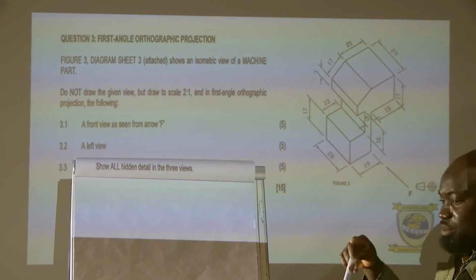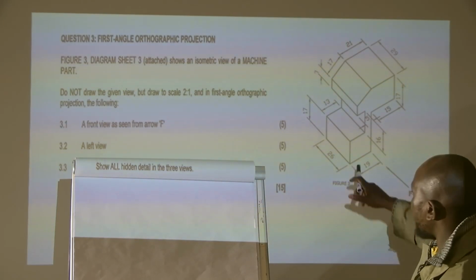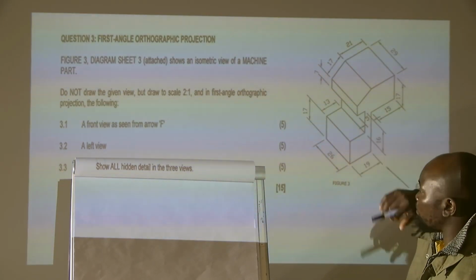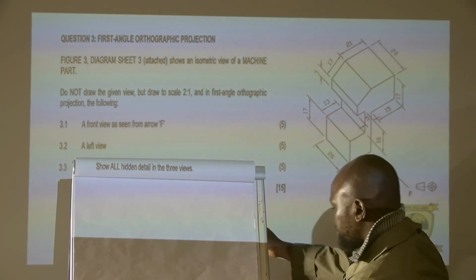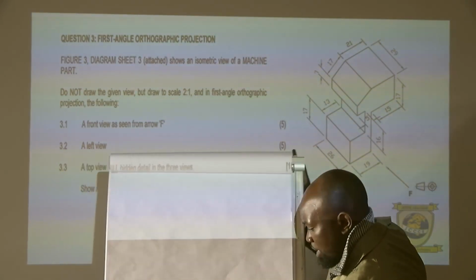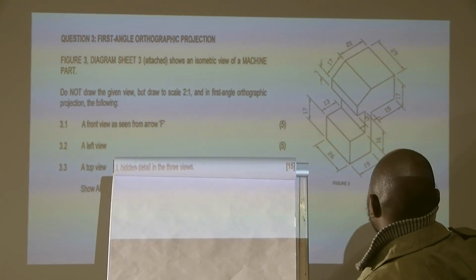So we can always go from orthographic to isometric or from isometric to orthographic. This way, it's given to us in isometric, so we are required to get the orthographic views. Okay? Now, hope we are ready.